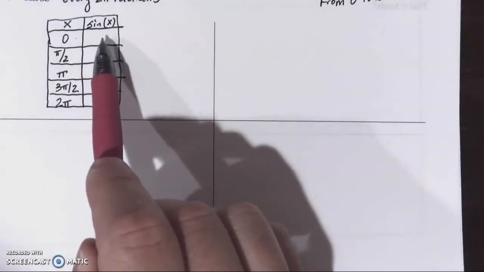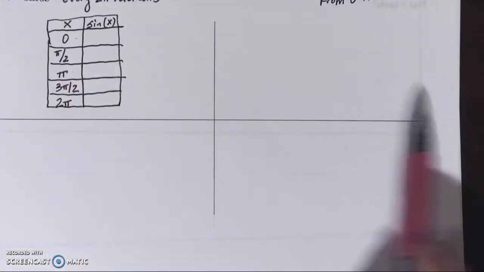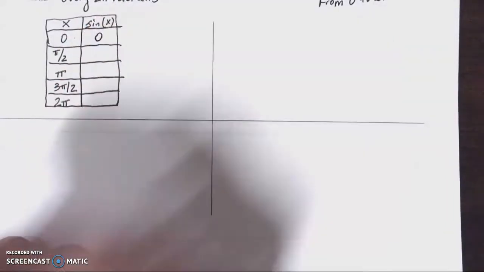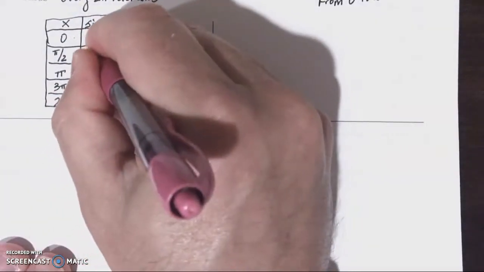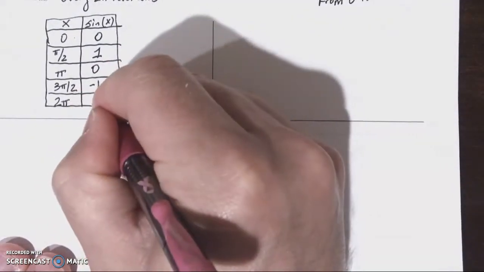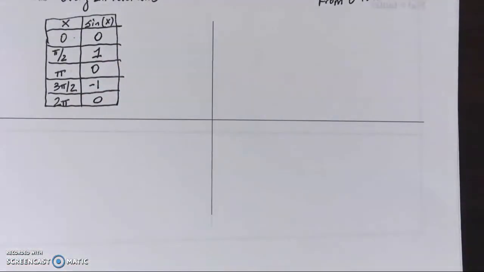Okay. If we were to look back at our unit circle, at 0 radians, sine, remember that's the y value, would be 0. At pi over 2, sine is 1. At pi, sine is 0 again. At 3 pi over 2, sine is negative 1, back to 2 pi, where sine is 0 again. Okay.